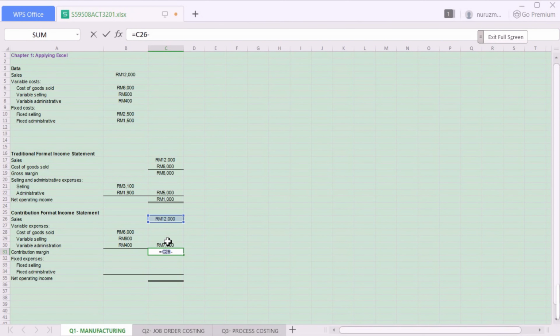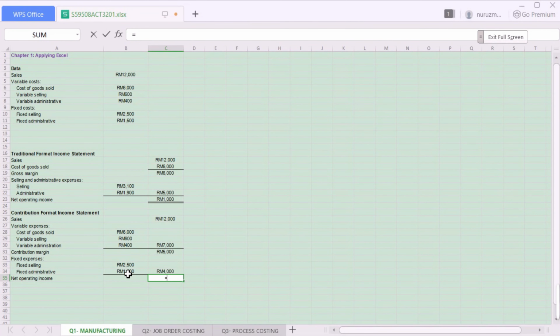And the contribution margin is sales minus variable expense equals 5,000, and the fixed expense is fixed selling 2,500, fixed administrative 1,500. Total fixed expense is 2,500 plus 1,500 equals 4,000.